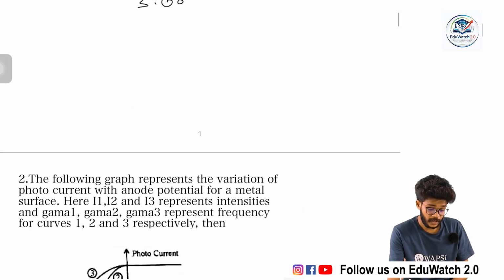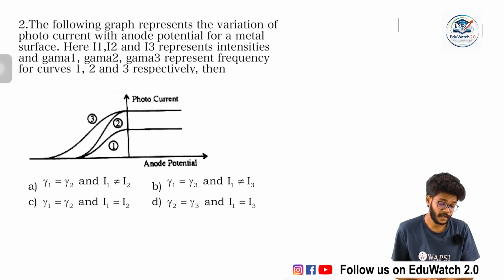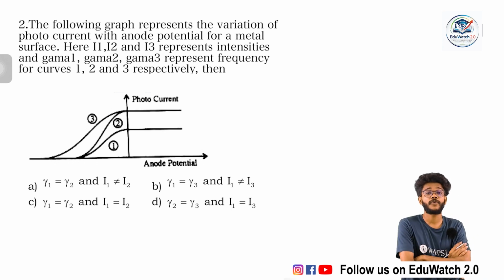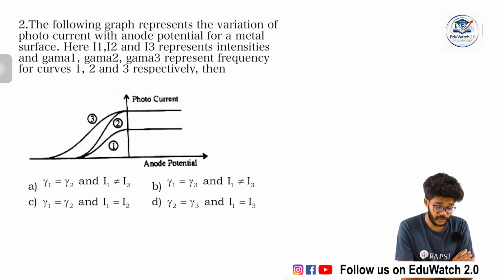So moving to the second question. The following graph is related to the output of a photoelectric effect. So you need to recall the properties which we discussed in the previous class, about the stopping potential, the current, the intensity and the frequency. So let's go to the question.